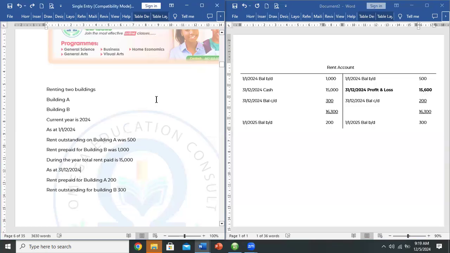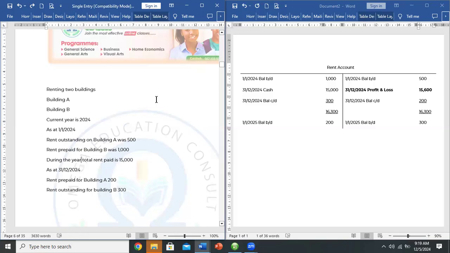Did you pay anything in advance for this year, as in at the beginning? They will tell you, yes, we're owing some 5,000 cedis on this building as rent. Then you ask, how much have you paid during the year? And at the end of the year, are you still owing on that building or have you made some prepayment? These are the questions you ask to prepare the opening balances, how much has been paid during the year, and your closing balances.